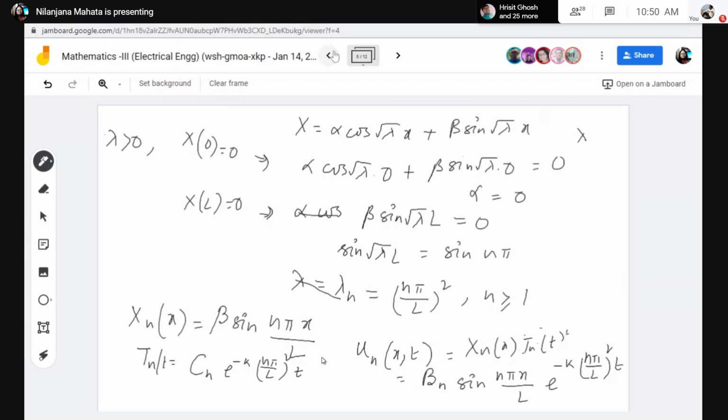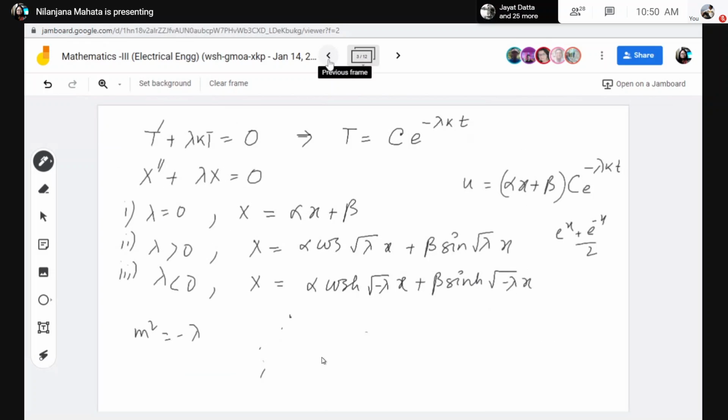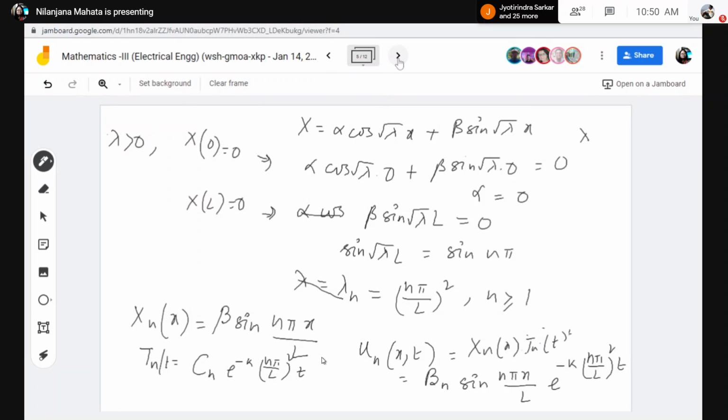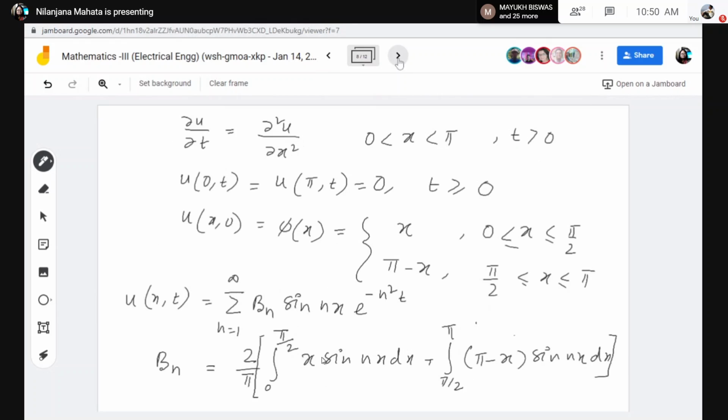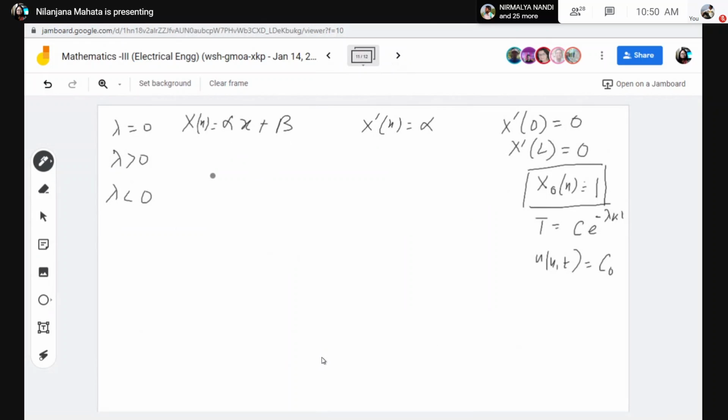Now, when lambda is greater than 0, and lambda less than 0. Tell me, when you put lambda greater than 0, and your condition is X dash 0 is equal to 0 and X dash L is equal to 0, what do you get?